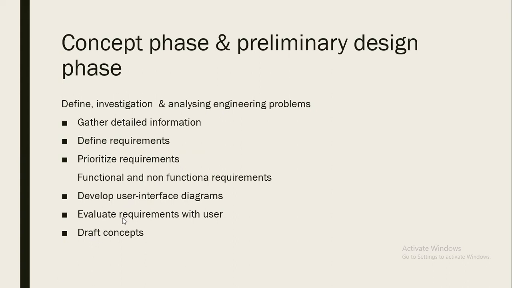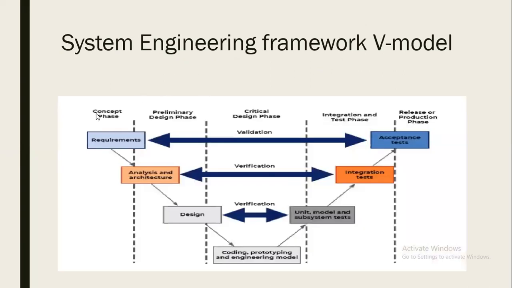Then, after that, you will evaluate the requirements with the user, of which if they agree with whatever you are presenting to them, you can go ahead and draft concepts. And by so doing, you are almost finishing the concept phase and preliminary design phase. As you see, it is the beginning of this V model.